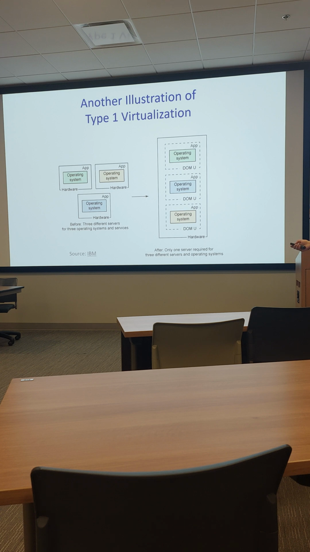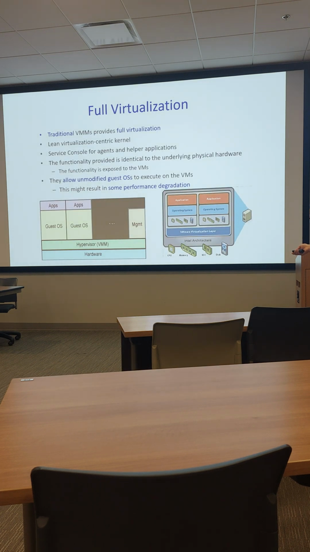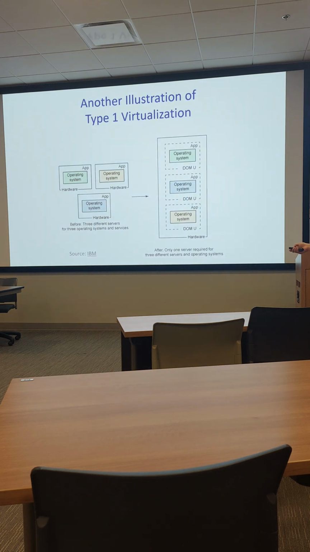This is another illustration of type 1 virtualization. This is a VMware, this is an IBM hardware outside. So it's completely the opposite of the original 74 paper, right? The hardware outside, inside the operating, no, let's say hardware, and then this is an enclosure, so it's not opposite, let me say.